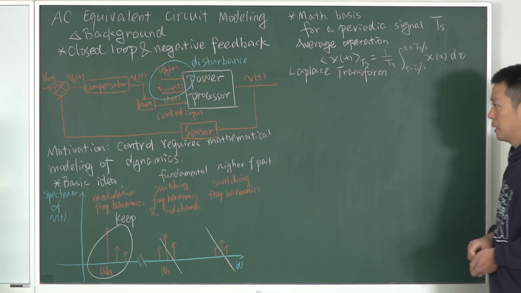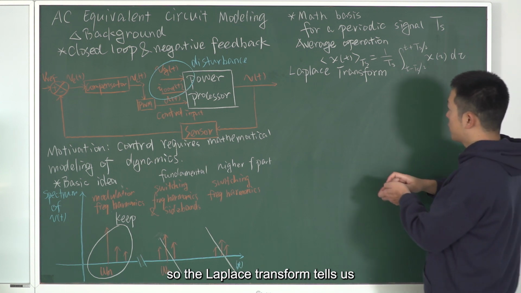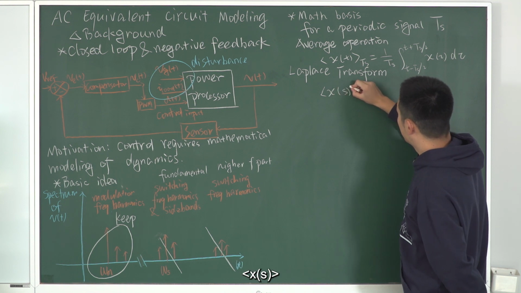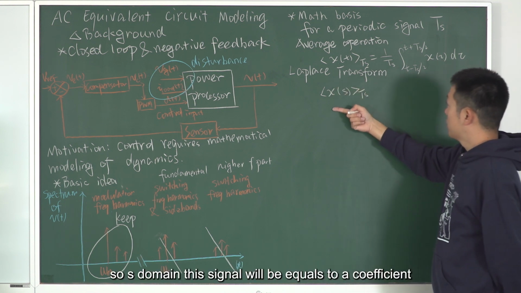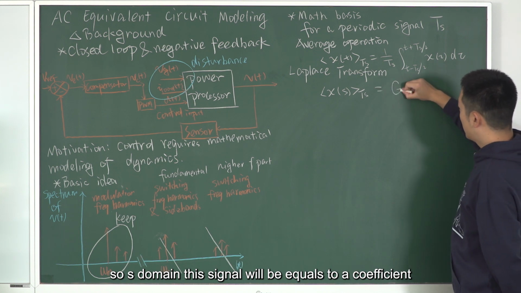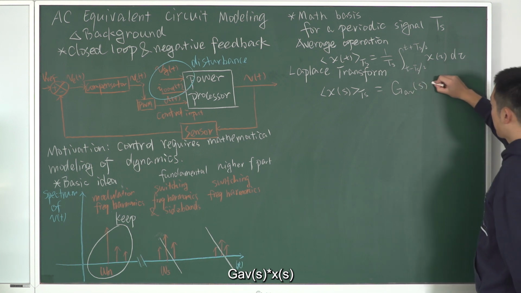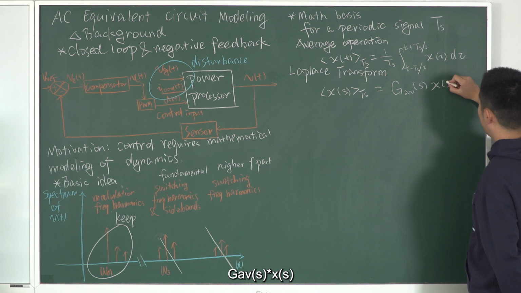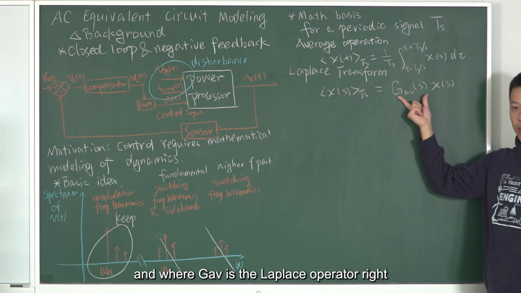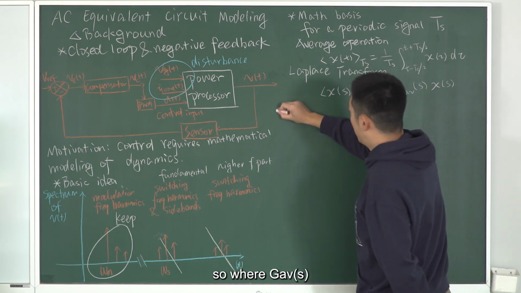The Laplace transform tells us that in the S domain, this signal will be equal to a coefficient G_av(s) times X(s), where G_av is the Laplace operator.